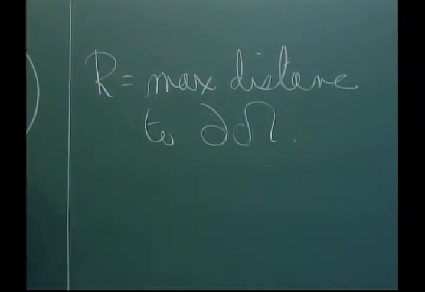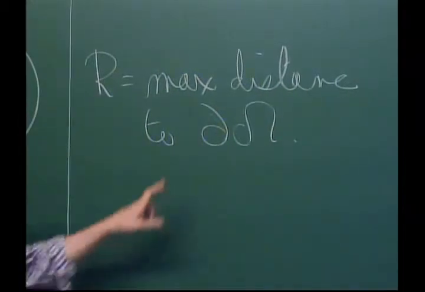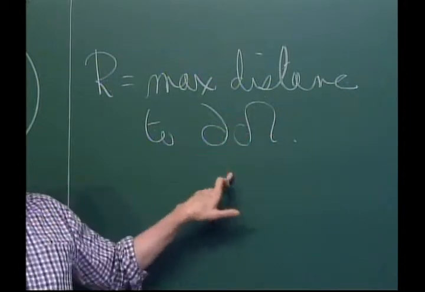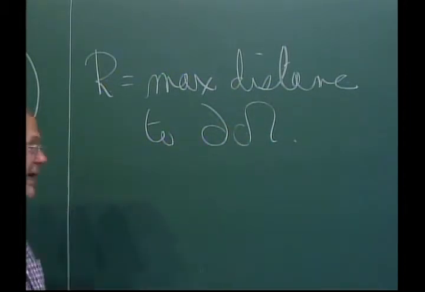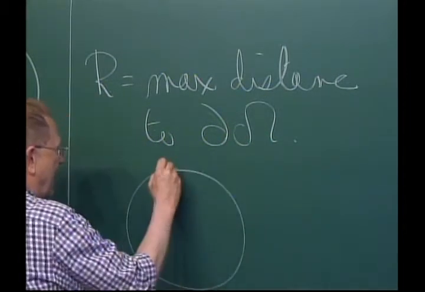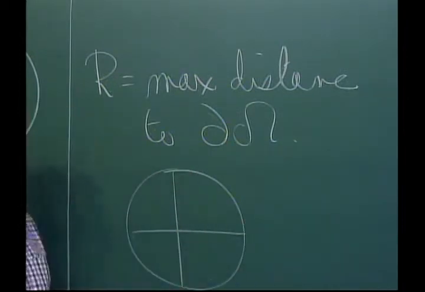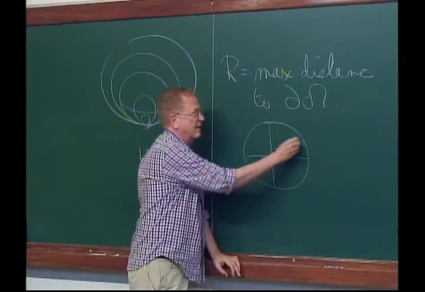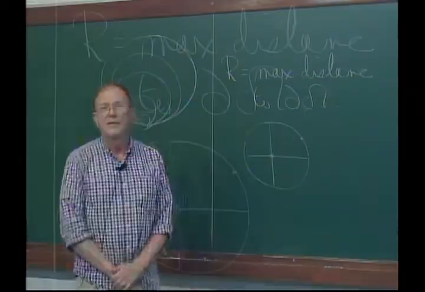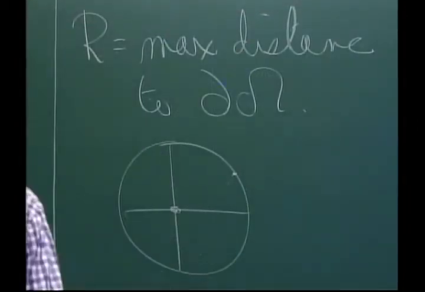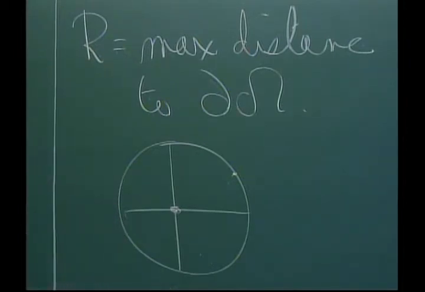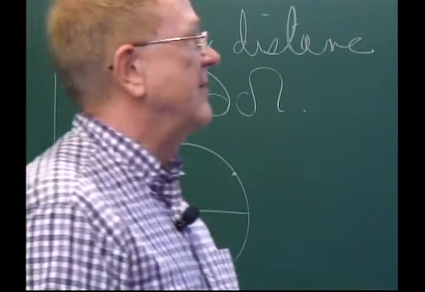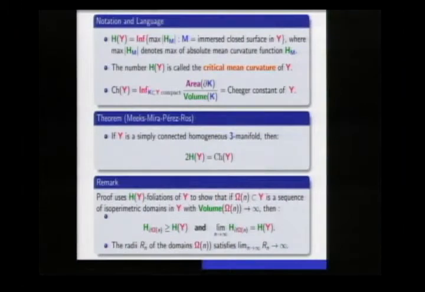If you have a compact Riemannian manifold with boundary, you can just look at the maximum distance to the boundary. And this corresponds to, if you were in the plane, the radius of a disk. It's the distance from the center of the disk to the boundary of the disk. So it does correspond to some familiar notion of radius. So each of these domains has a radius.